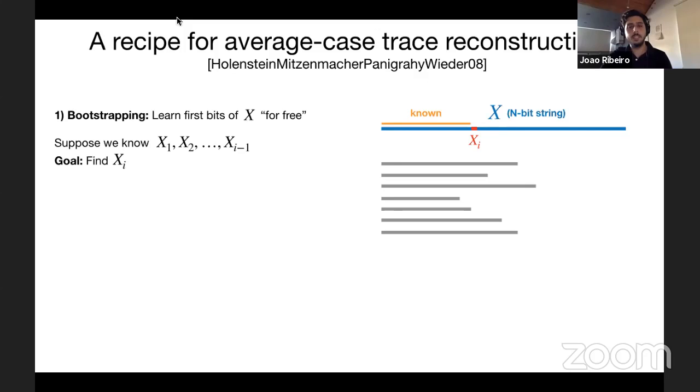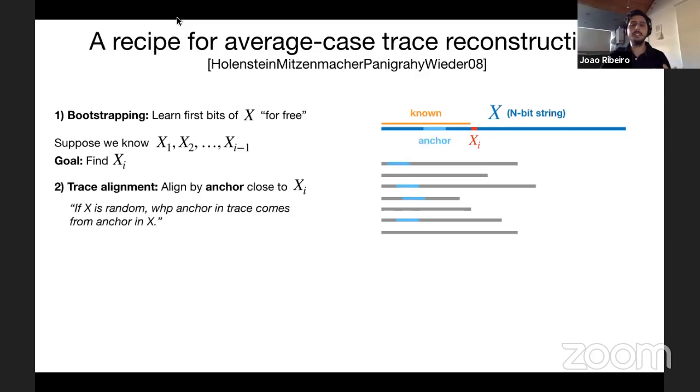Okay, so the way one does this is first, there is a step of trace alignment. Here, this trace alignment is done by anchoring. This is also a very standard technique when dealing with synchronization errors, where we fix a particular substring of x that we know, and we look for its occurrences in the traces. And one key property here that we need from x being random is that with high probability, if you see an anchor in your trace, then this anchor was generated by sending the original anchor through the deletion channel without any deletions.